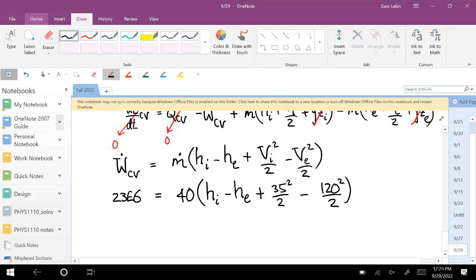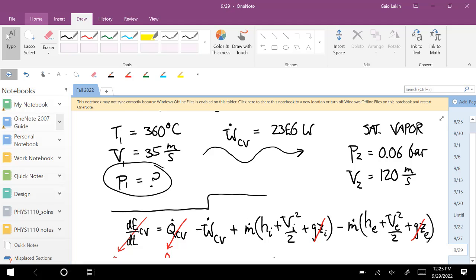Is there anything we can look up here? We know we can solve for the other one if we can look up one of these. Do we have enough information to look up the inlet enthalpy or the exit enthalpy? The exit. Yeah, the exit, it's saturated, so the pressure that we're given is enough to look that up.